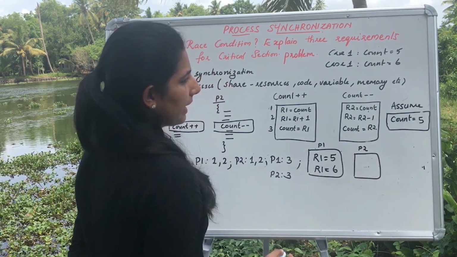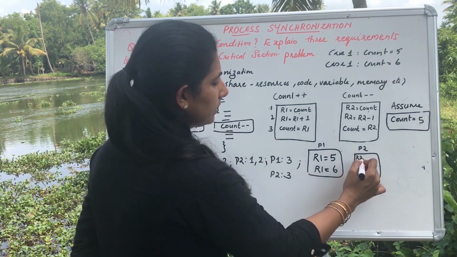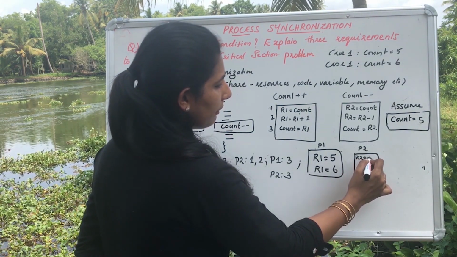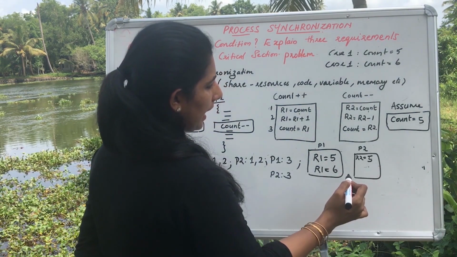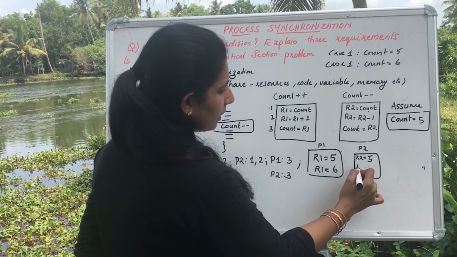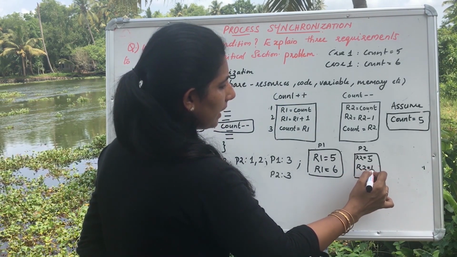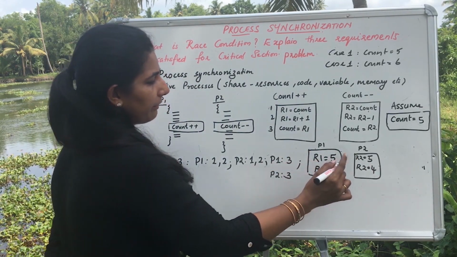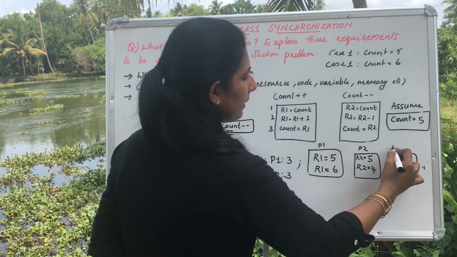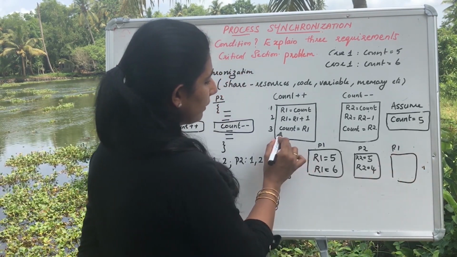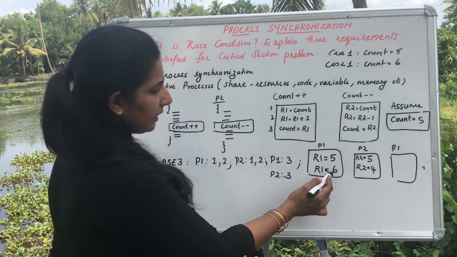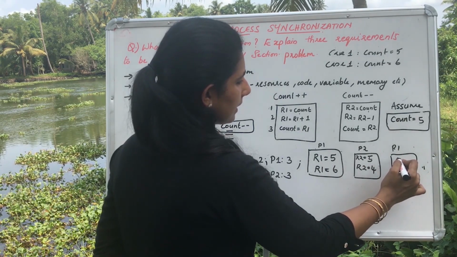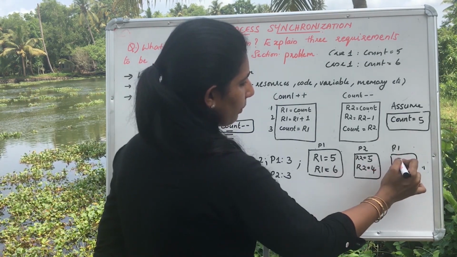R2 is equal to count, so count is nothing but 5 and R2 is equal to R2 minus 1, that is R2 becomes 4. Then I switch from P2 to P1. So, with P1 I have count is equal to R1. What is the current value of R1? R1 is nothing but 6 over here.